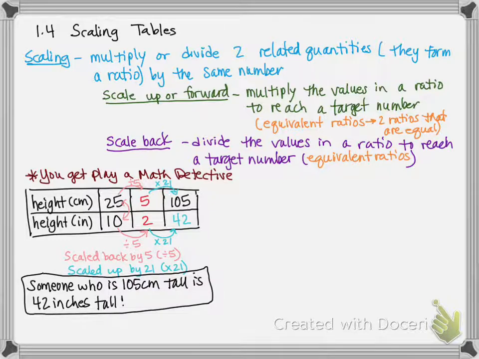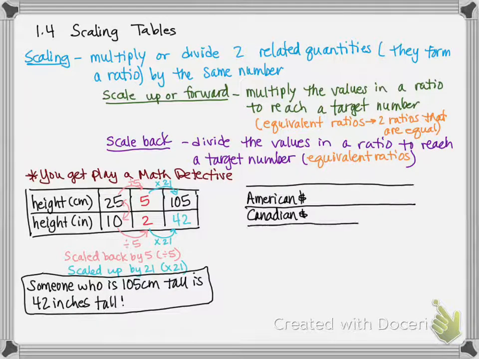All right, let's try another one. Speaking of foreign, let's compare the American dollar to the Canadian dollar. So they have dollars as well, but their dollar is not the same as our dollar. It's not worth the same. So we have to do a conversion if we wanted to go from one to the other.